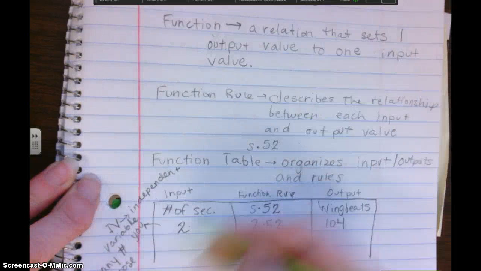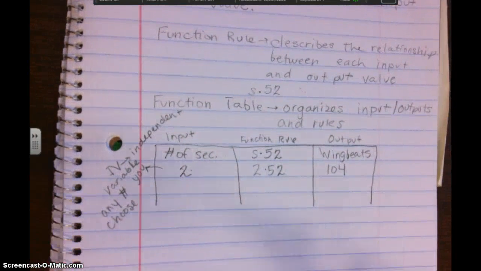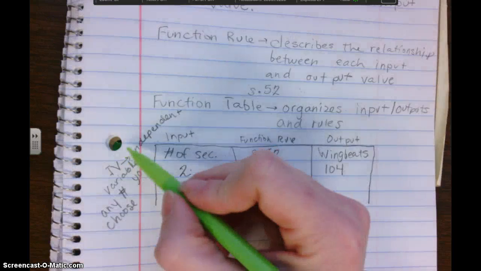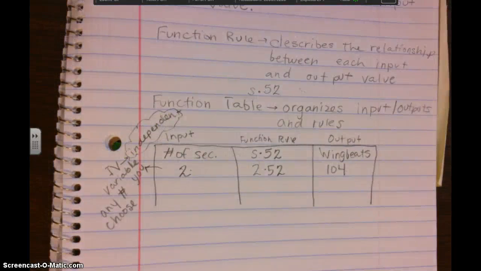You can pull out any amount of seconds out of the sky and apply it to this table and it will work. It is independent of anything else. Just like when you get older, you will be independent of your parents and you can make any decision that you choose. You don't have to ask them, you don't have to check on anything else. You'd make the decision. You are independent.